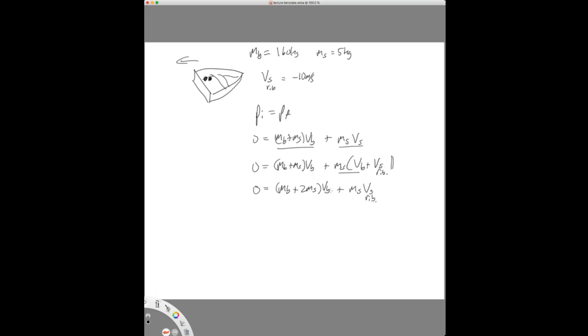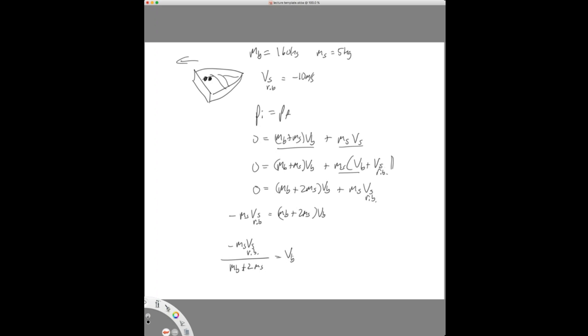Okay, so then we want to solve for the v boat, so we're going to move this piece to the other side. We have minus m stone v stone relative to the boat equals m boat plus 2 m stone times v boat, and dividing both sides by the mass of the boat plus 2 times the mass of the stone gives us the speed of the boat.